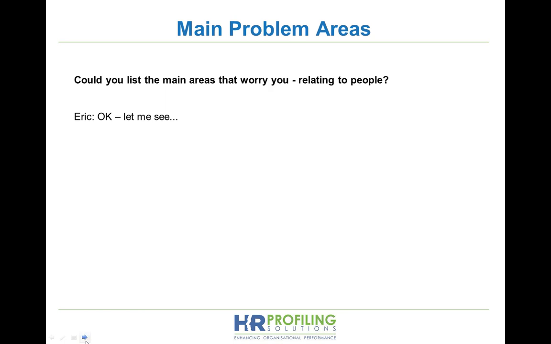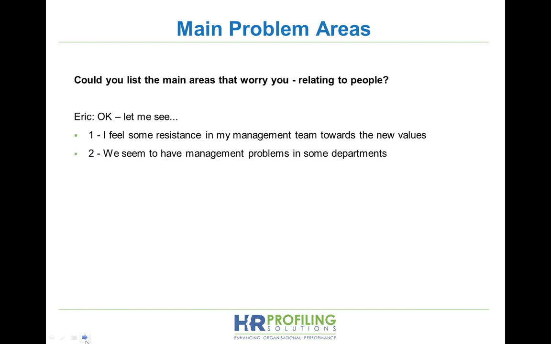His main problem areas. He has identified 5. I'm sure he's got more than 5, but he has identified 5, and they are relating to people. The first one is he feels some resistance to the new values he's trying to introduce. The second problem is not all management are performing. Some are performing better than others. He has some regions that are performing better than others, and some regions have bigger problems than others.